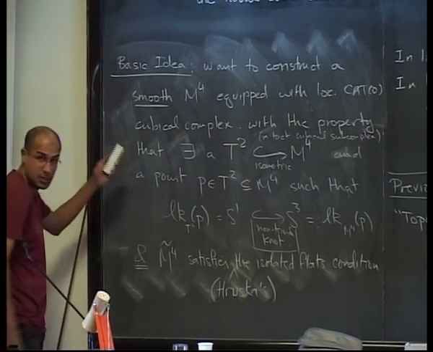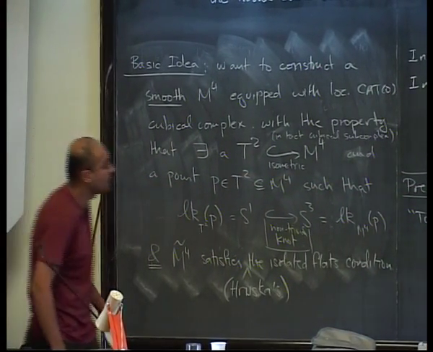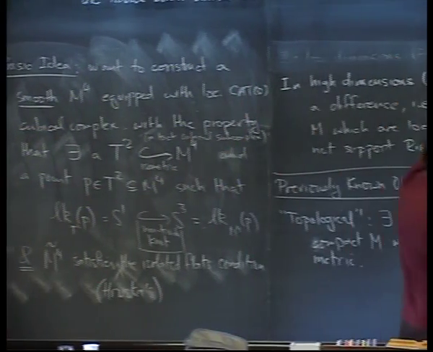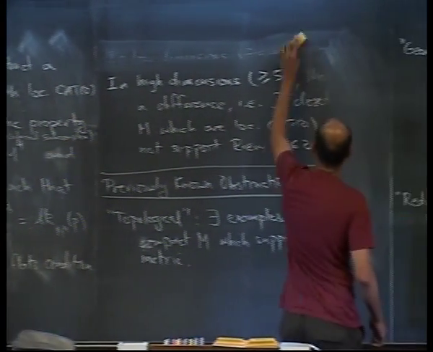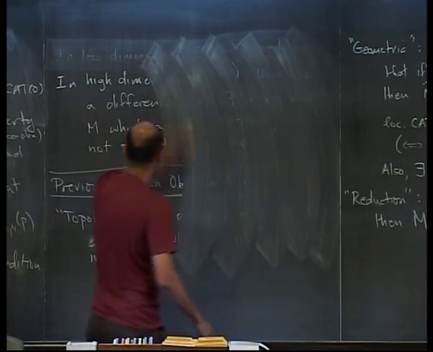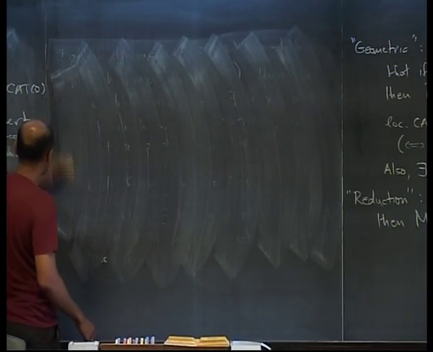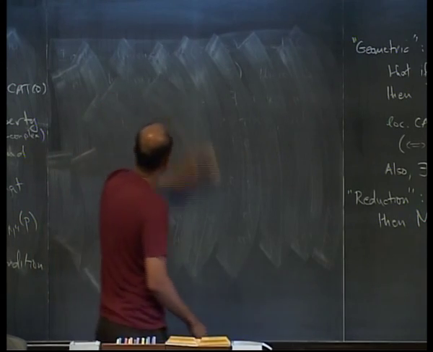Now let me explain why, if you can construct such a manifold, the claim is that it does not support any Riemannian metric of non-positive curvature. Let me first argue that, and then I'll explain how we go about constructing this.